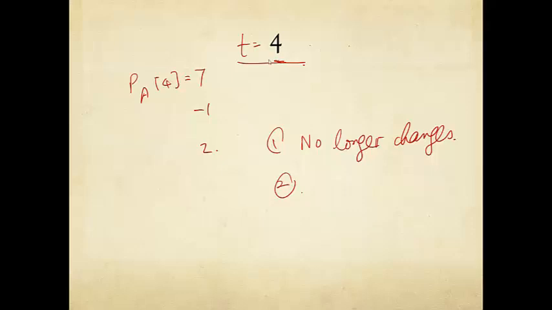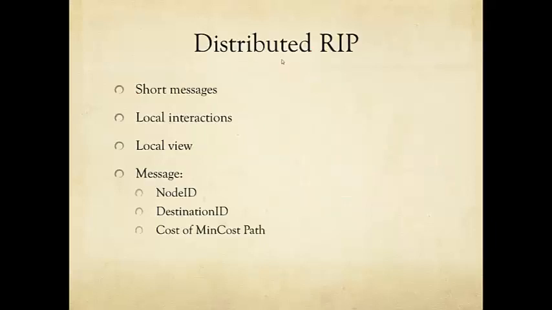Why? Because the only way to leverage beyond 4 hops is to actually go through the same node twice, since there are only 4 other nodes out there. And therefore, I will have to go through a cycle. But I know cycles are not negatively weighted, so it will add to my cost. No cycle is needed, so I don't need to go beyond 4 hops. Either way, you can stop. And this illustrates the Bellman-Ford algorithm, but it does not show you how to do it in a distributed way.